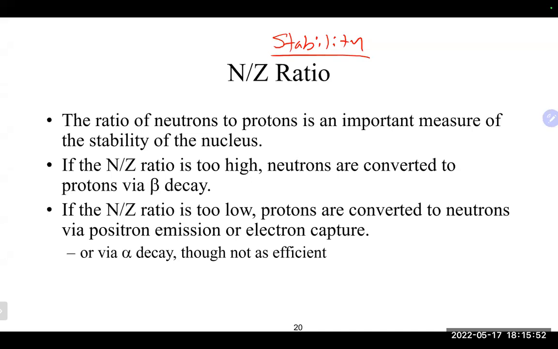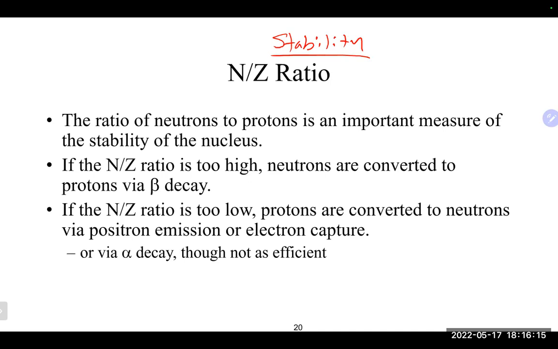Now, if we do end up with something that has a ratio that is maybe too high or too low from this stable part, it will go through decay to try to bring itself to a more stable ratio of neutrons to protons.